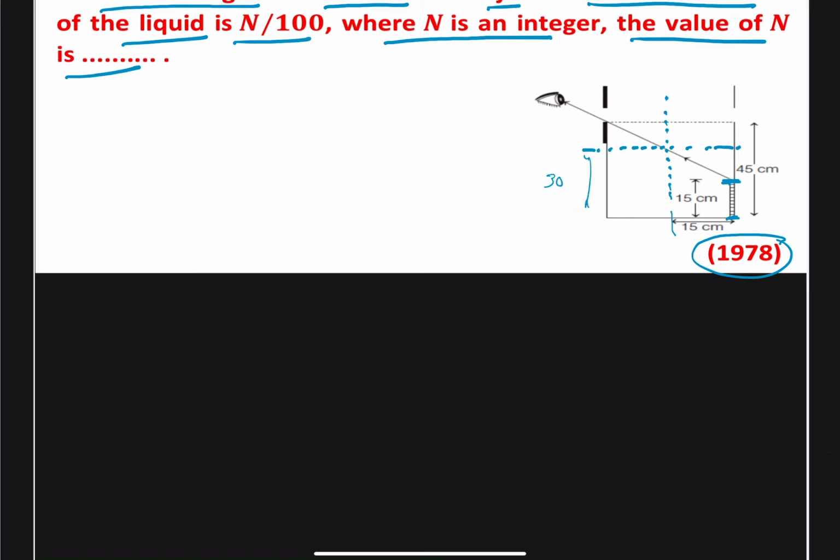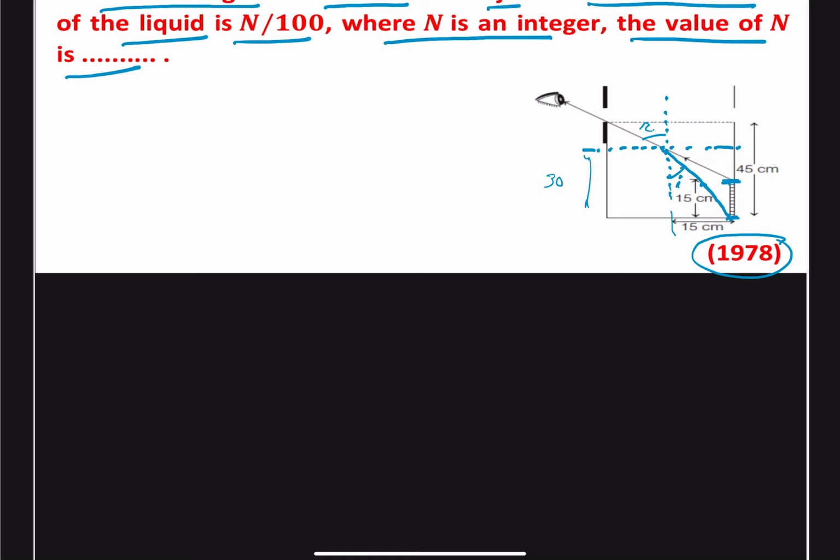and as soon as water is filled, we can clearly see it is going to do a refraction and come to the bottom, something like this. And then, because the light rays will be traveling in opposite direction, we are going to have this as angle of incidence, and this will be our angle of refraction.